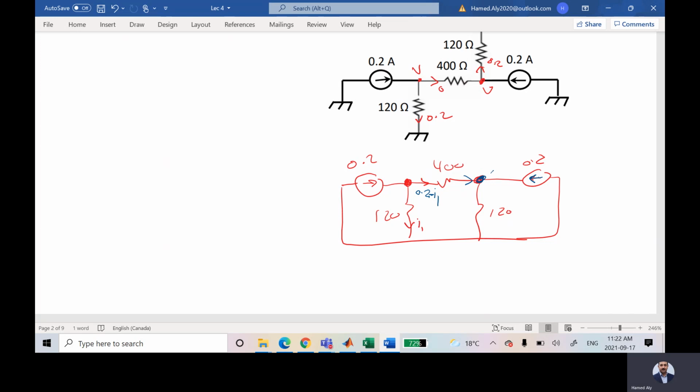Let me write, for example, this is node number 1, and I will imagine that the current in this guy is equal to I2.